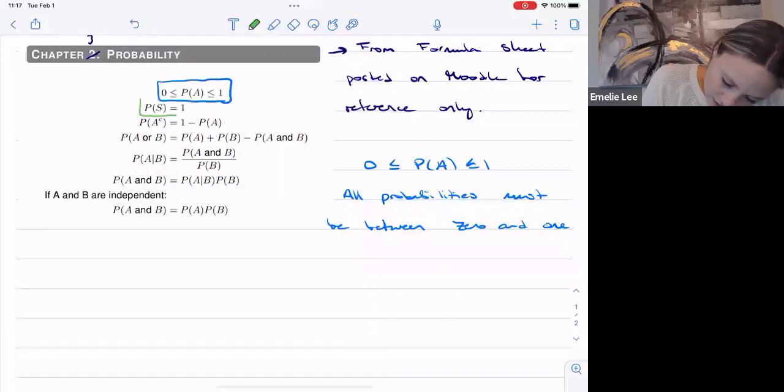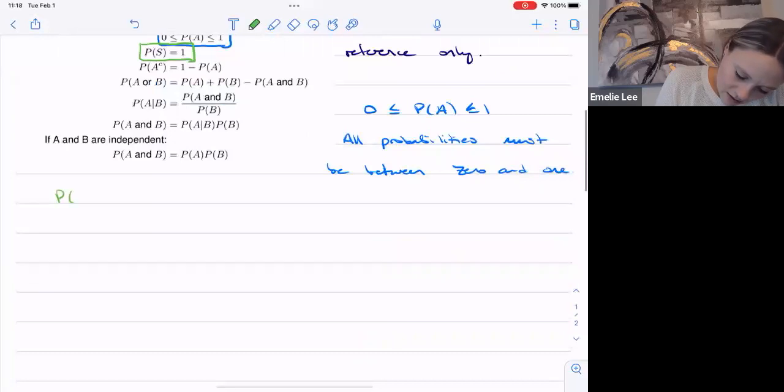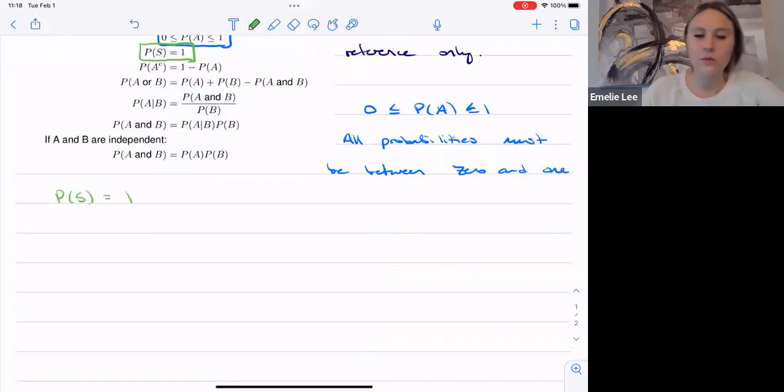We're trying to show P of S equals 1. What does that mean? S is a special character that we use to denote the sample space. And the sample space is the list of all possible outcomes.